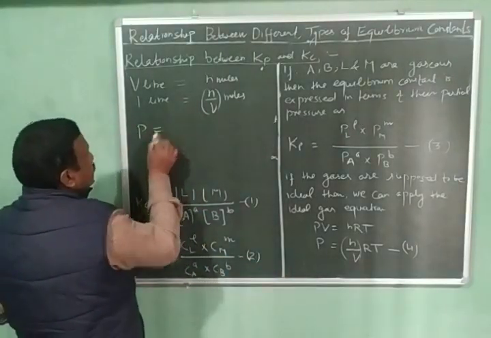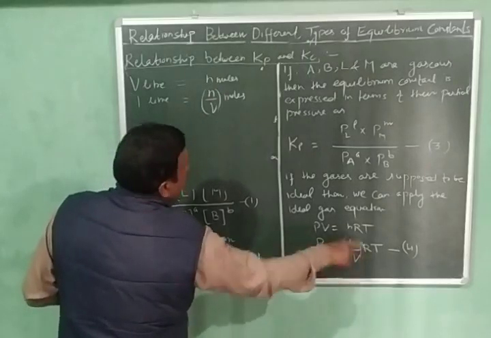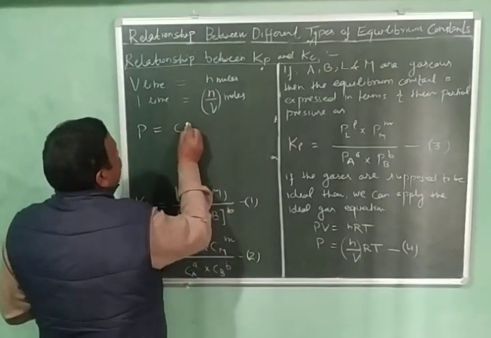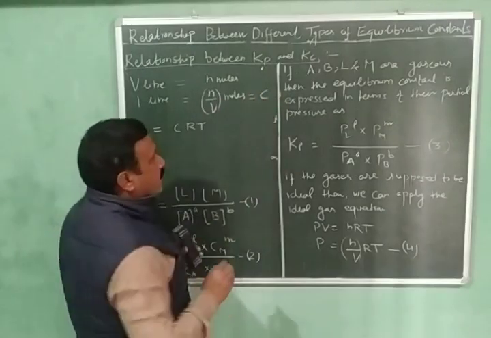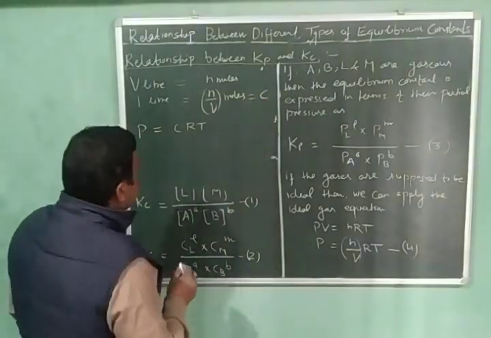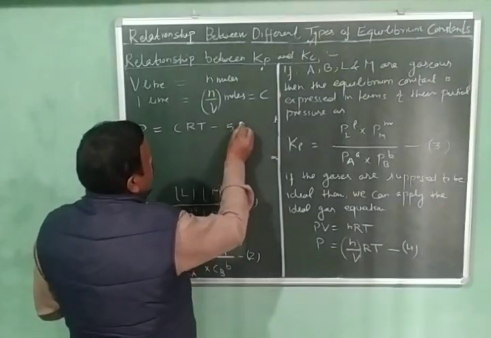can be written like this: P is equal to CRT, where n upon V is equal to C, that is, molar concentration. Let this be equation number 5.